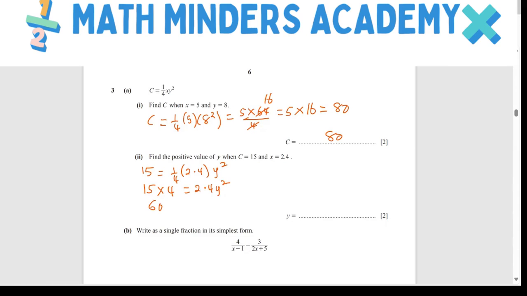It becomes 60 equals 2.4 Y squared. So Y squared is 60 divided by 2.4. So here we are going to have Y squared to be equal to, if you divide 60 by 2.4, it's going to give us 25.